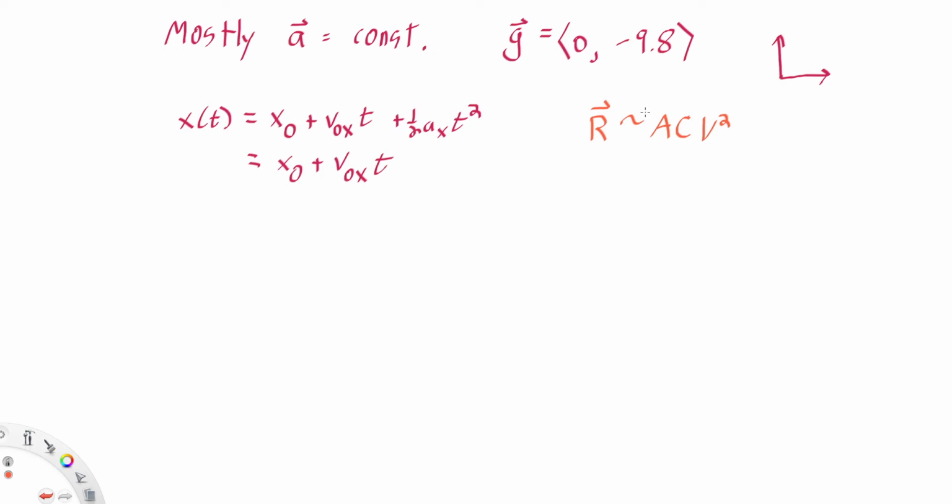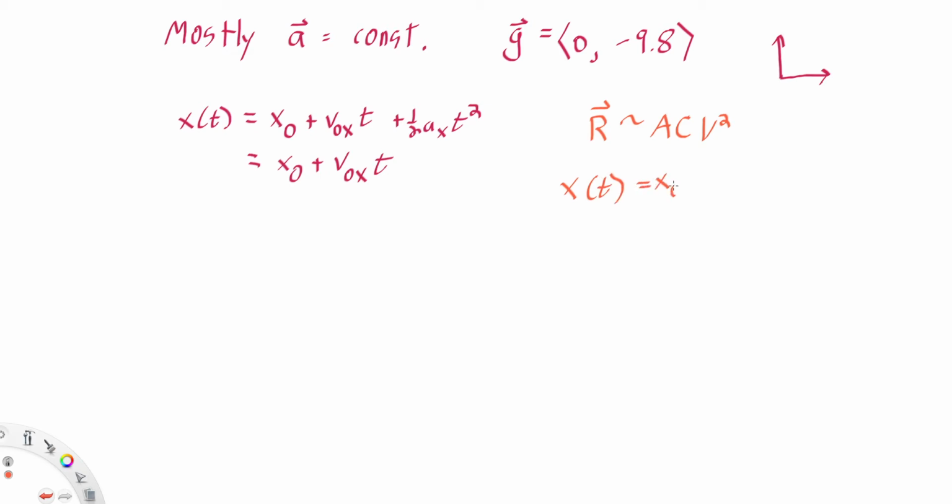So the faster an object is moving, the more air resistance it experiences. Which means if we were going to write down our position formula, it would look something like this.